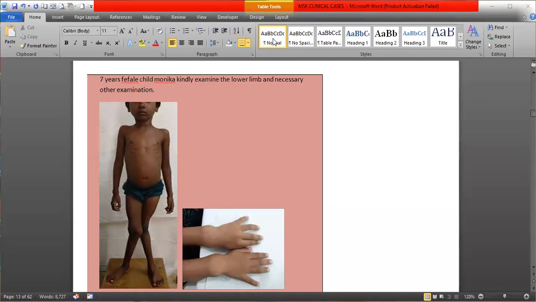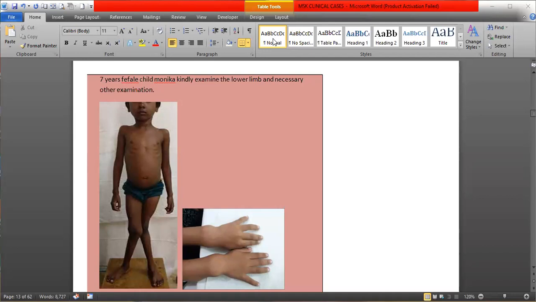Present your case. Today I have examined a seven-year-old child. I would like to plot her on an age-appropriate growth chart. She is well in herself, sitting comfortably at rest.